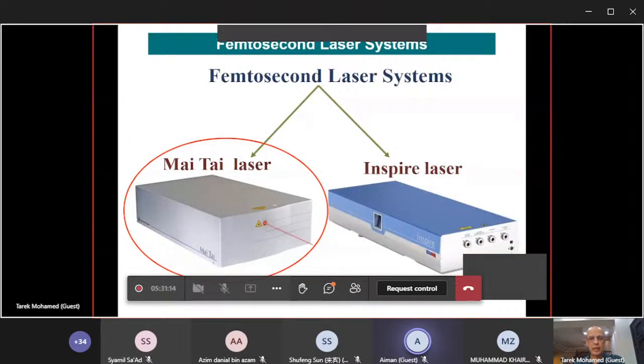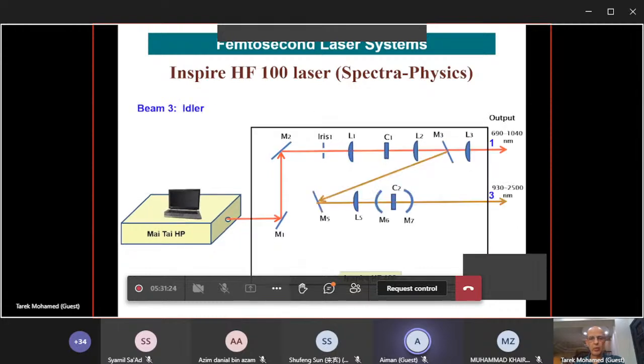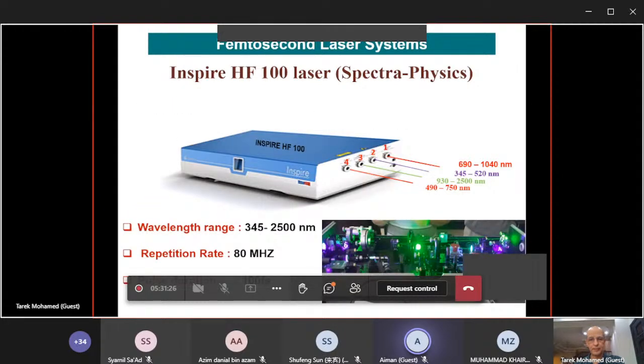The other one is Inspire, and Inspire is also a femtosecond laser, pumped by MiTi, and from the Inspire we could have 4 outputs. The 4 outputs cover a range from 345 to 2,500 nanometers, starting from UV to mid-infrared, with a repetition rate of 80 megahertz and a pulse duration of less than 100 femtosecond.